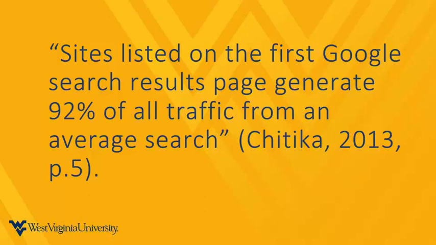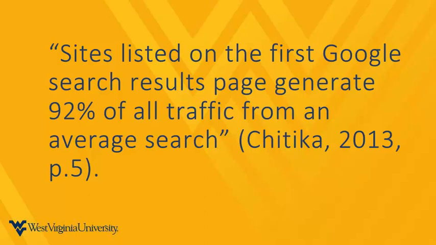A study from 2013 reported that sites listed on the first Google search results page generated 92% of all traffic from an average search. Generally speaking, this means that you are very unlikely to even look at page 2 of results of a search that retrieved millions of results.